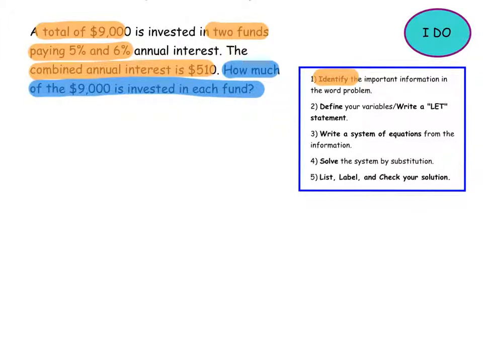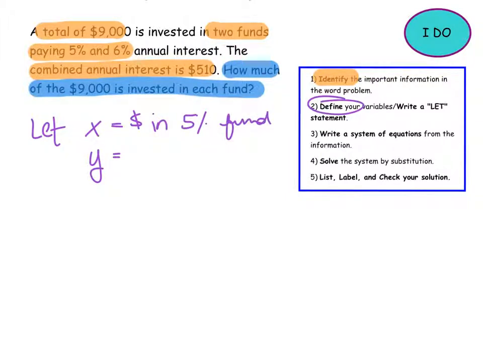Step number 2 then says to define your variables. And so we call it writing a let statement. And so off on the side I'm going to say let x equal and y equal. And I'm going to say that x is going to be the money in the 5% fund.